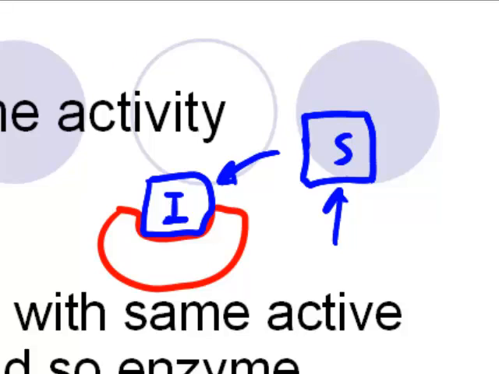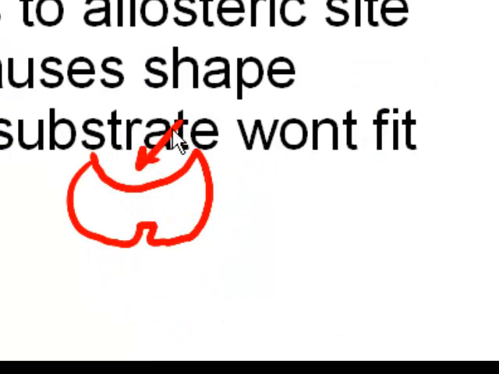The other one is called a non-competitive inhibitor. So it doesn't fill that active site. What it does is it fills a different area, like this part out back. It'll fill that, and when it fills in that spot, it causes what's called an allosteric change.